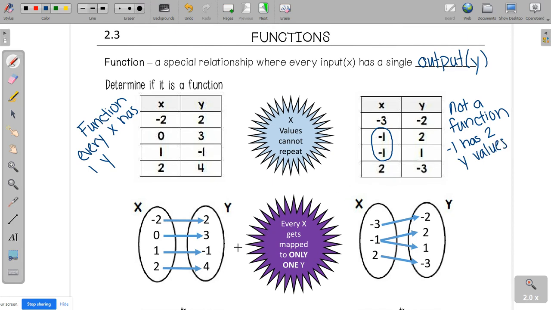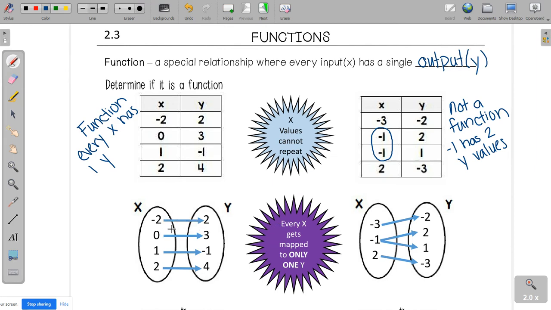So now let's look at a mapping diagram. We have -2 gets mapped to 2, 0 gets mapped to 3, 1 gets mapped to -1, and 2 gets mapped to 4. The key here is every x gets mapped to only one y.